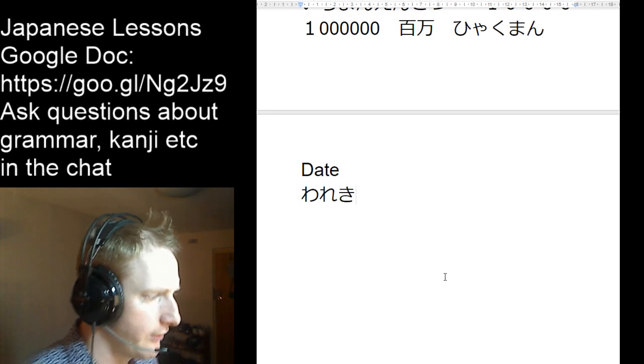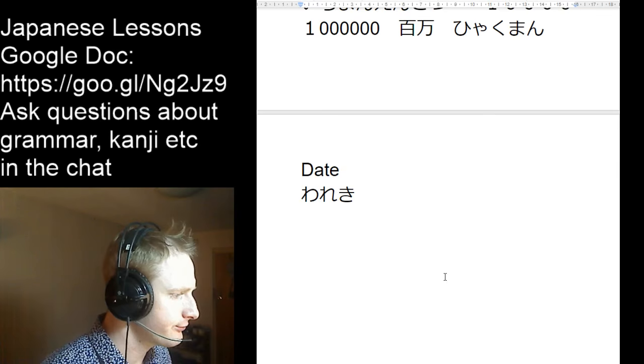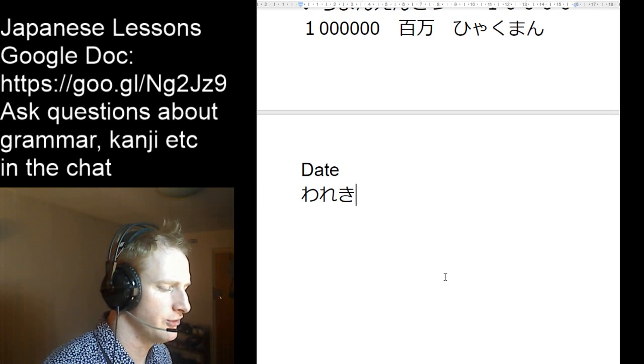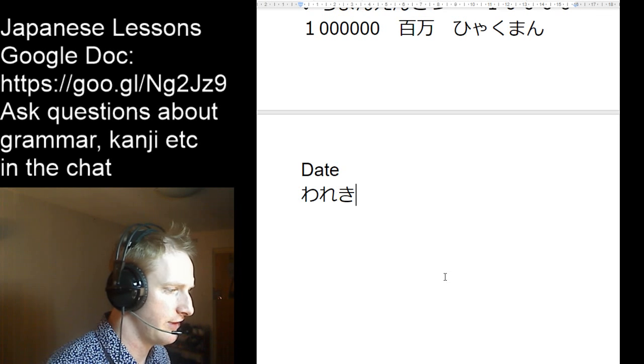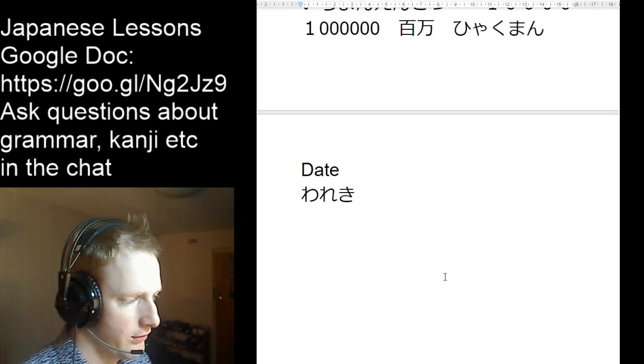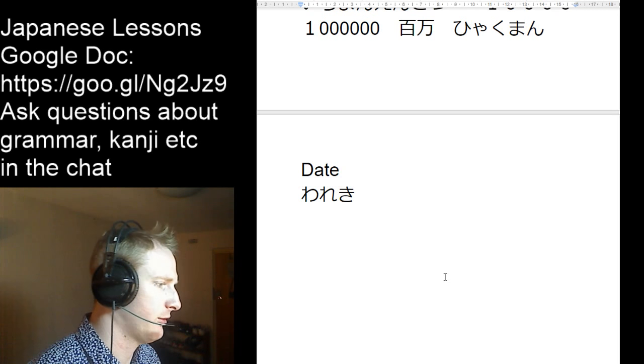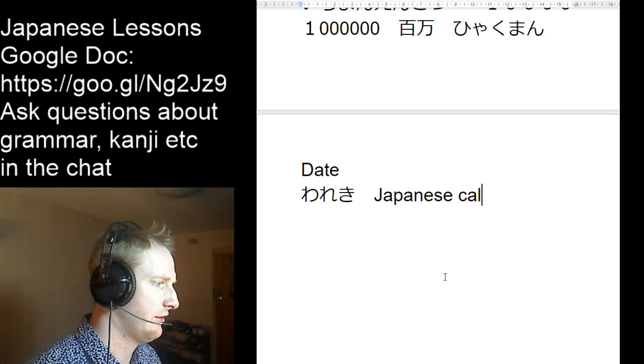But they run both of these systems in parallel, and so you'll see on Japanese documents they'll generally list the Japanese date, but it depends. So we have this wareki system, okay, which is the Japanese calendar system.